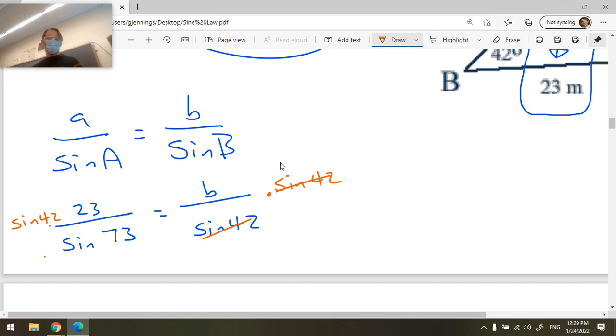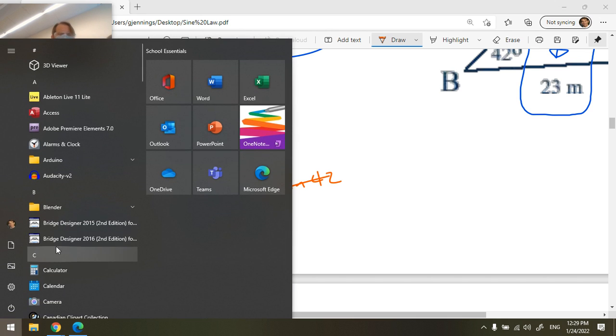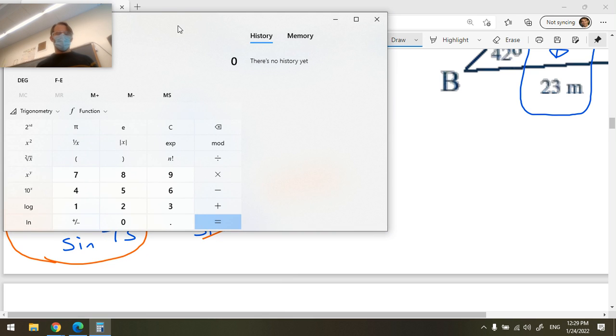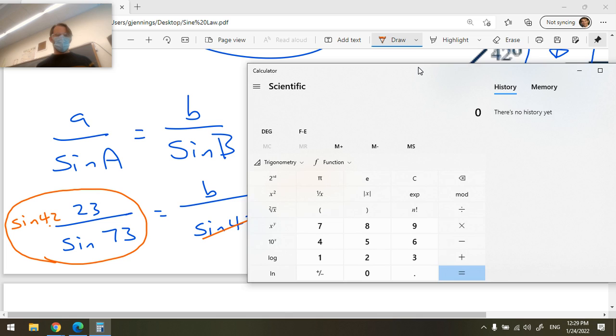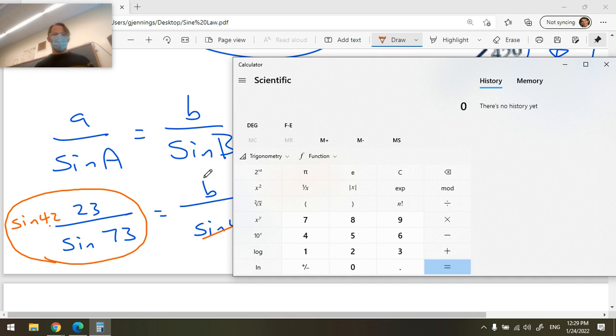And that's what I can punch on my calculator right here. So sine 42 times 23, and this is what it looks like when I punch this on my calculator. I want to find B, that was what I was asked to find. So I write down the sine of 42, there it is, this wacky number, multiplied by 23, divided by sine of 73.